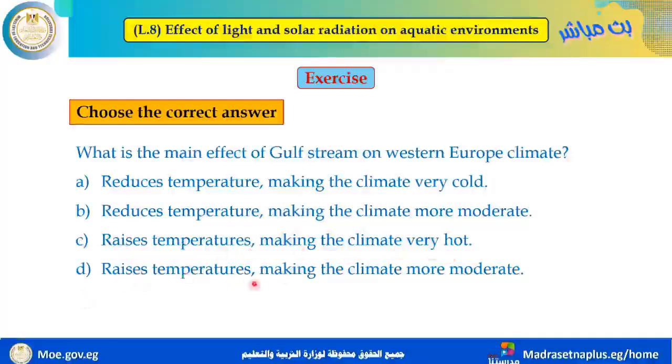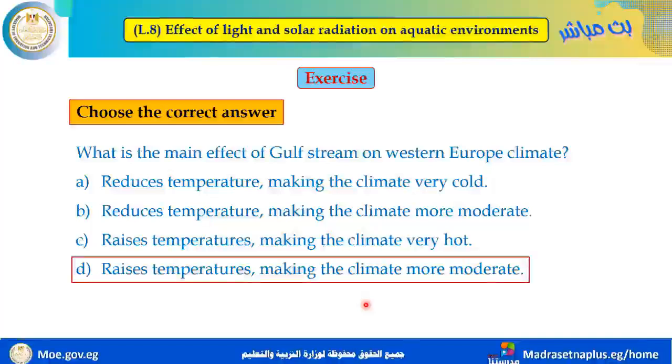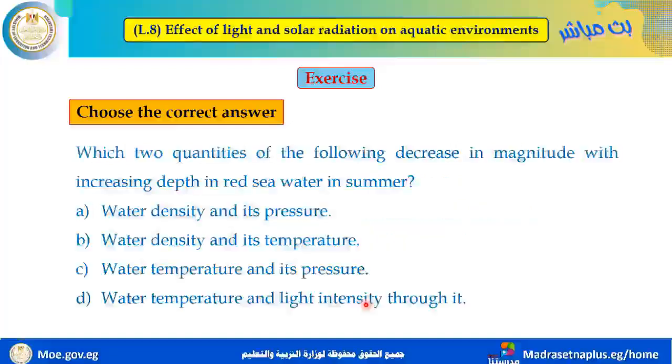Rises temperature, making the climate more moderate. Yes, don't forget the Gulf Stream is a hot stream, so it raises the temperature to make the climate more moderate. So the right answer here will be D, raises temperature, making the climate more moderate.